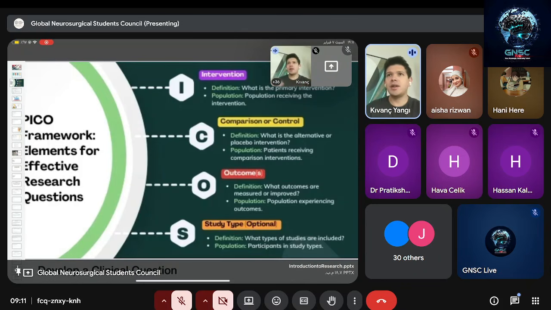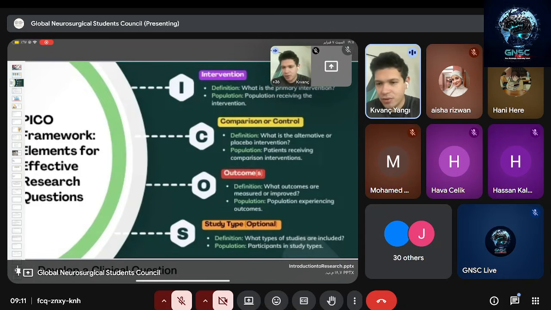For example, let's say you're planning research on cerebral cavernous malformations, and you'd like to compare the efficacy of some conservative management options, let's say some medical treatment options, and gamma knife radiosurgery. Which one will be your primary focus?